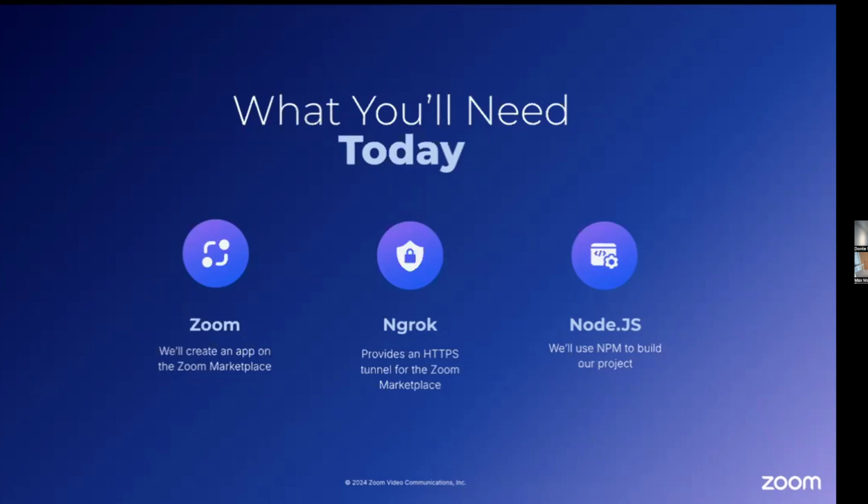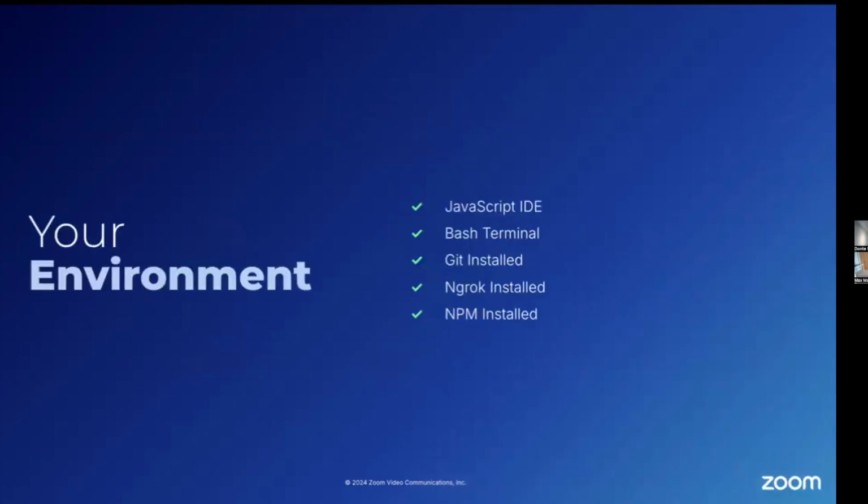Let's move on, and we'll just double check the next list of everything to make sure that everything here is what you have. So you want to have a JavaScript IDE, whatever you like to write JavaScript in really works. I'll be using WebStorm. Visual Studio Code will work great.